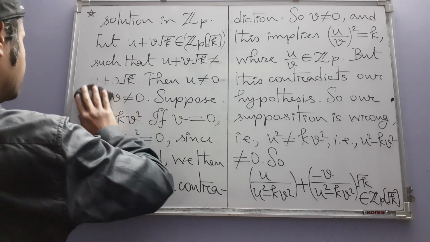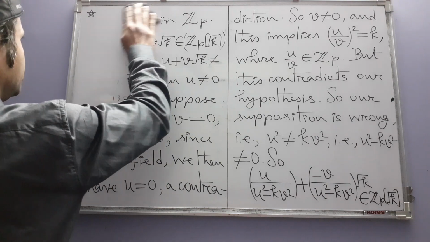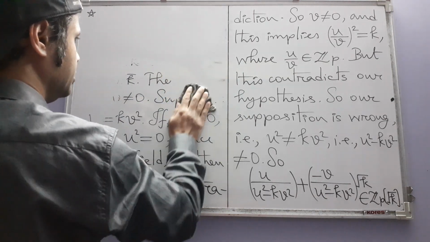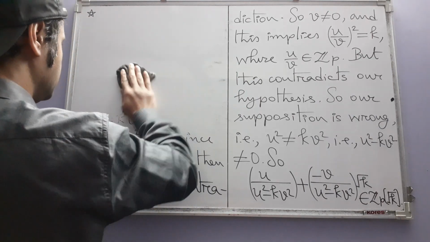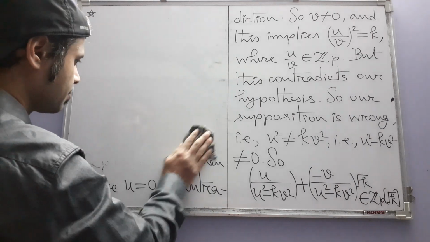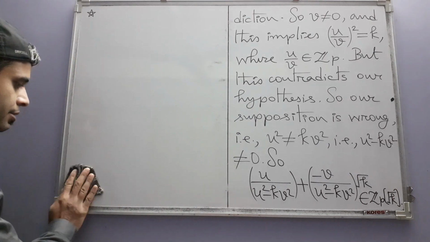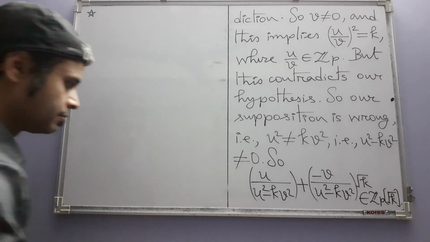But let us now do the multiplication and see whether we are getting the unit element or the unity in our ring of symbols that we previously mentioned, and that unity is 1 plus 0 root k.